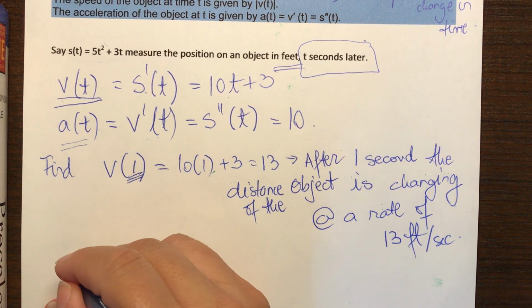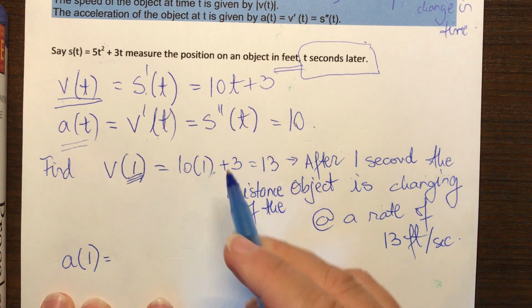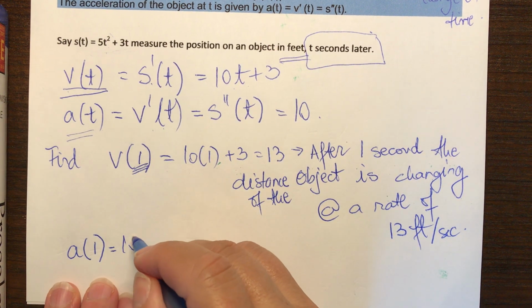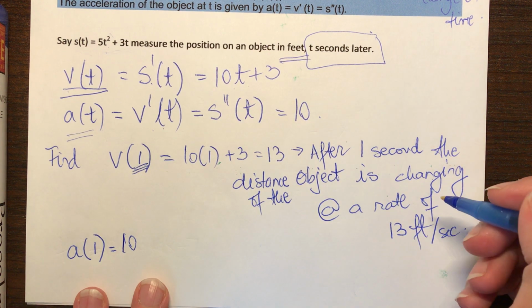Okay. What's the acceleration at 1? We already found the acceleration. The thing is, as you see, the acceleration is constant. So it doesn't matter what value you're plugging in. The acceleration is going to stay constantly 10. So what does that mean?